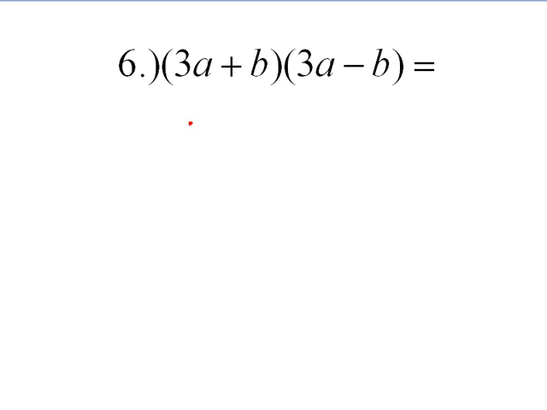Our answer was then the first term squared minus the second term squared. We should put a little parentheses around here because we also want to square that 3. So we'll end up with 9a squared minus b squared. Okay, very simple.